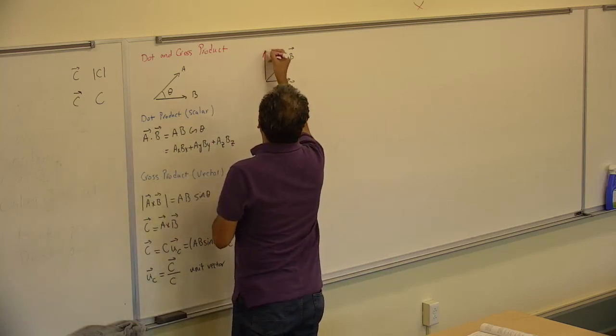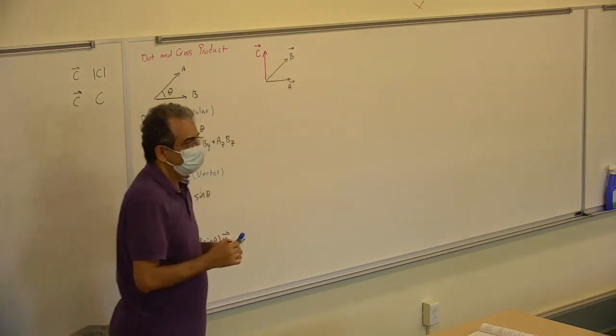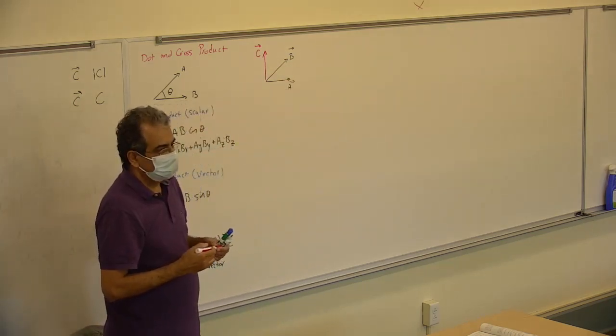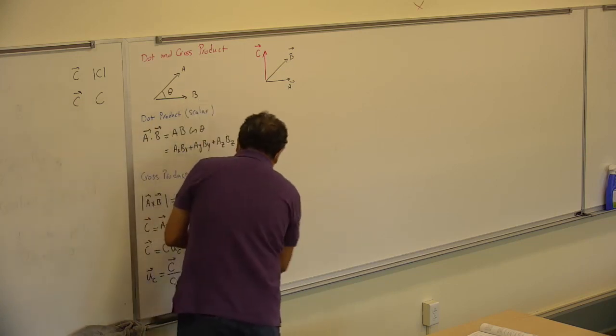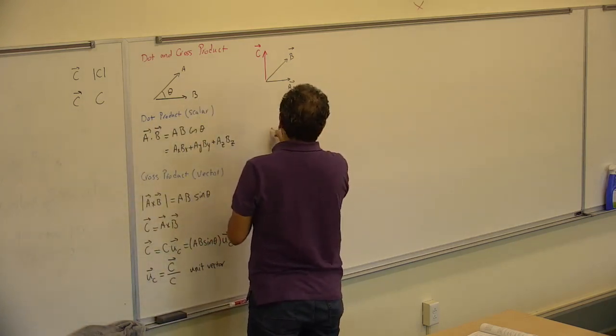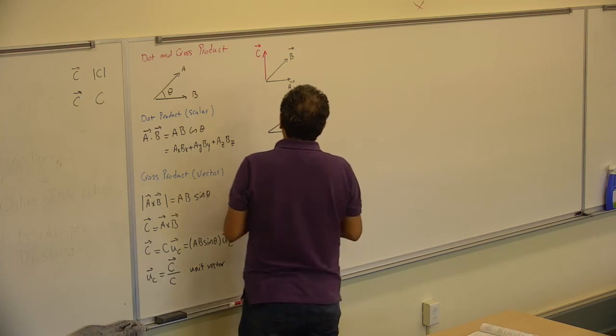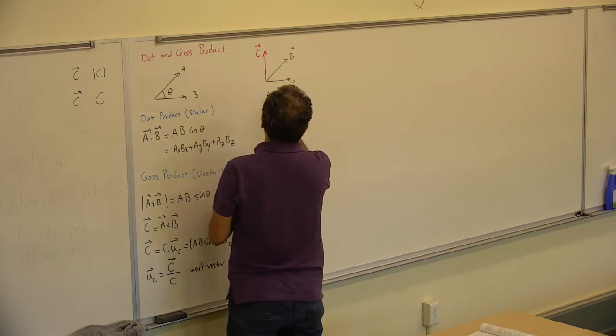So it's going to be the C perpendicular to both of them. So if I have A, B, this is the A cross B.